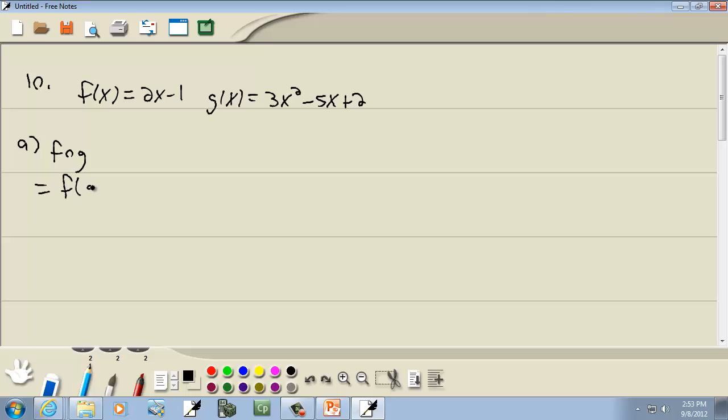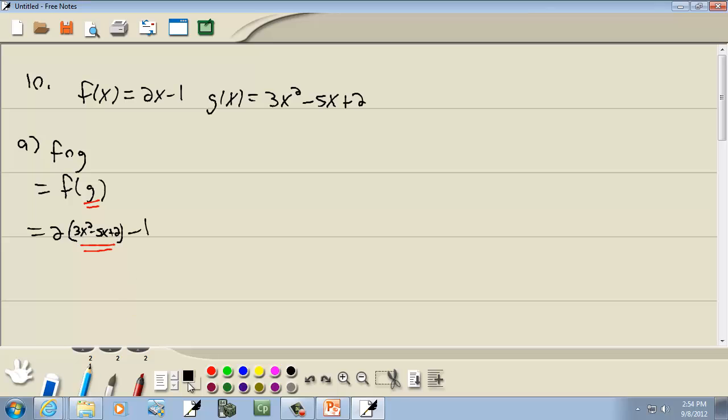Well, that's f of g. And again, what we do is we go through f of x, and everywhere we have an x, we'll put in parentheses. Whatever's inside the parentheses here is what we're going to put in down here. So we're going to plug g in there, but g is equal to 3x squared minus 5x plus 2.